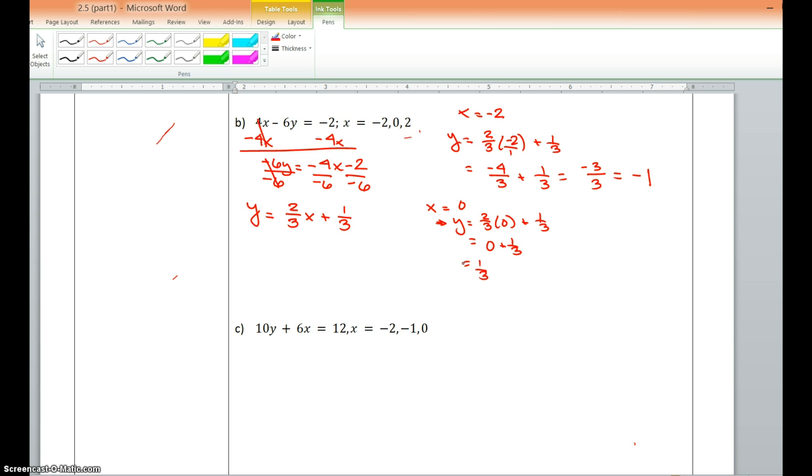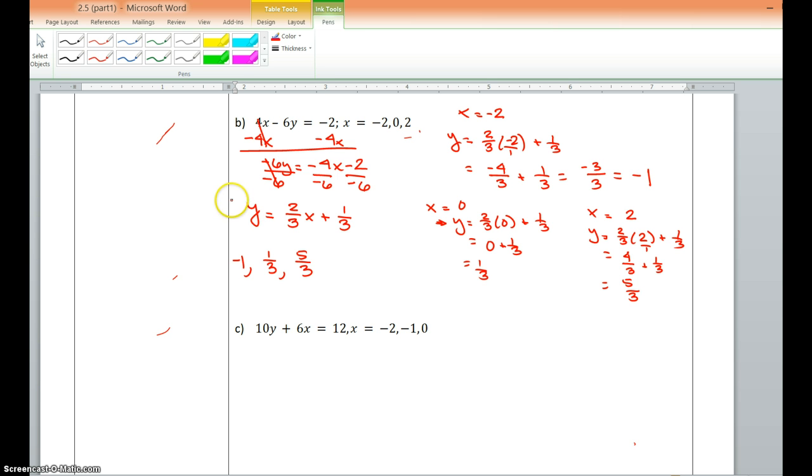Let's do that one more time for when x equals positive 2. y equals 2/3 times 2 plus 1/3. Putting this 2/1, 2 times 2 is 4/3 plus 1/3 equals 5/3. So what are my answers? Negative 1, 1/3, and 5/3.